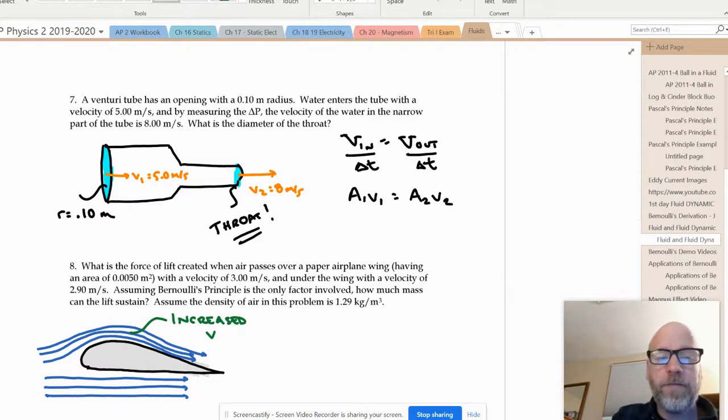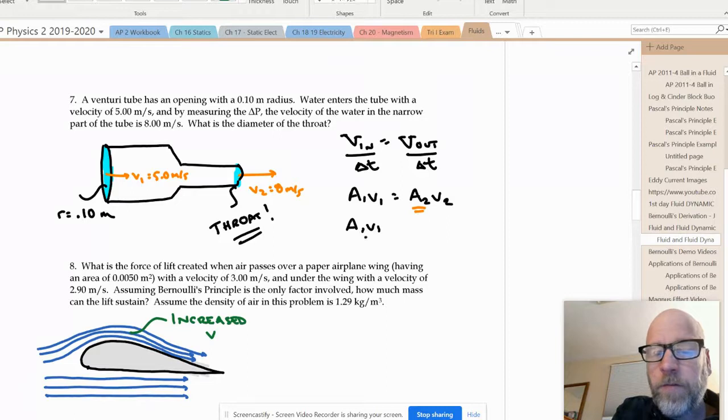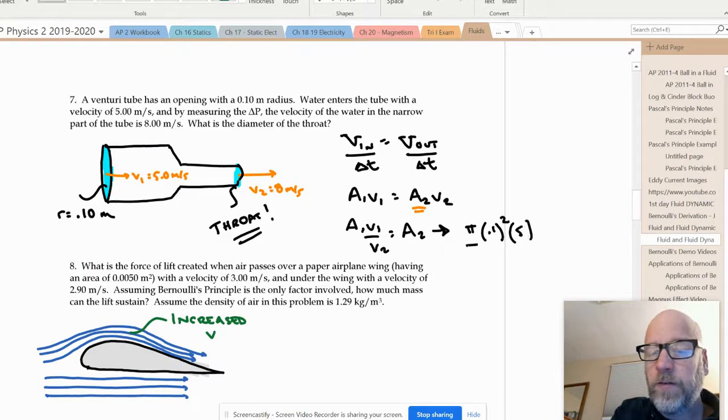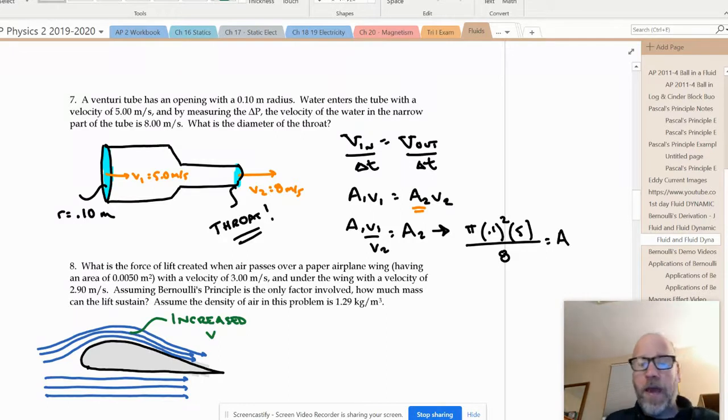So I'm trying to find the diameter of this. So I'm going to keep going with what I got. So area 1 V1 over V2 equals area 2. I plug in what I know. Pi times 0.1 squared times the velocity of 5 meters per second divided by the velocity it's leaving with, which is 8 meters per second, gives me A2.